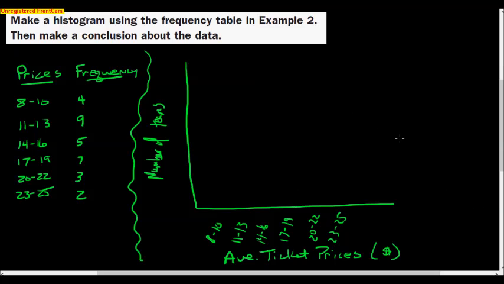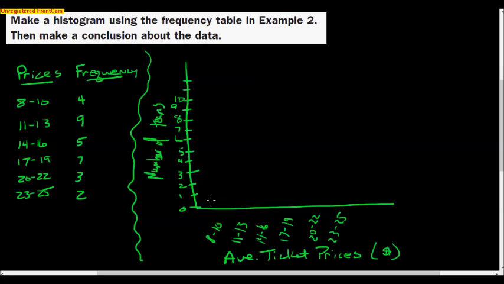Okay, and then we're just going to put, well, if I could have 0. All right, and we're going to put little increments right here. Graph paper would really help here, okay? But we're trying to make do here. So this is going to be 1, 2, 3, and you can see how far you have to go. You have to go up to at least 9 over here. So we're going to go up to 4, 5, 6, 7, 8, 9, and 10. That's good, okay? And it's a simple bar graph, okay?